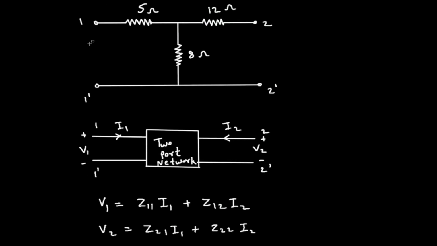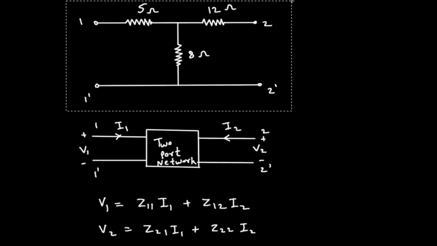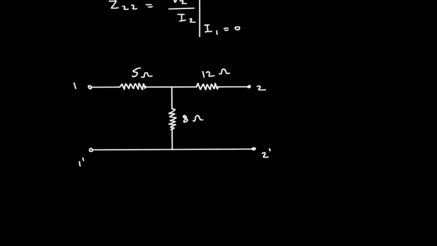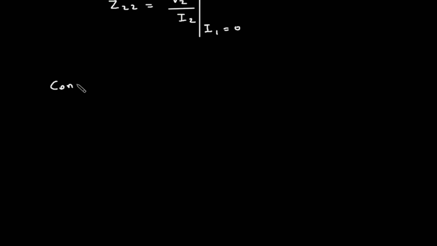So first again we will redraw the circuit. Now in case 1 we will consider voltage V1 and set I2 is equal to 0.